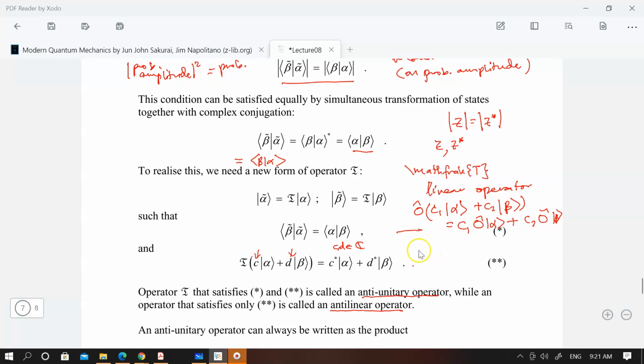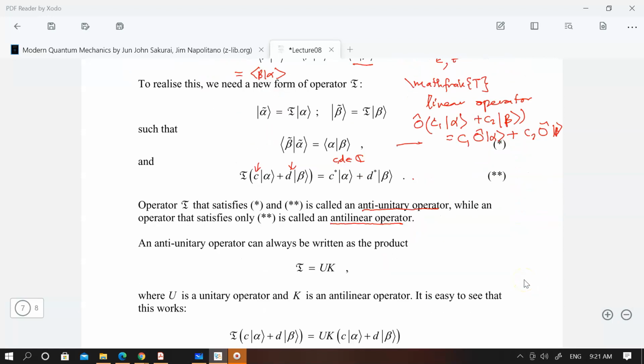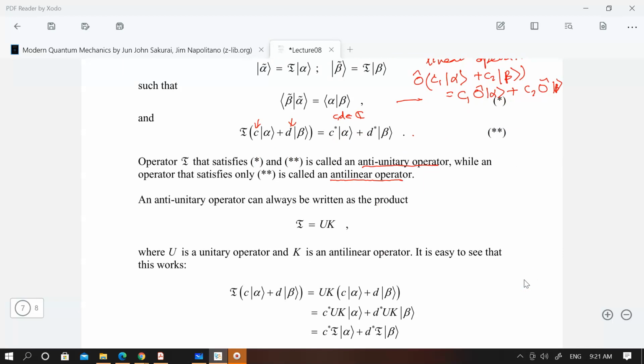Now what we want is an antiunitary operator to represent your time reversal operations, and we know that will also involve this antilinearity of the operator.